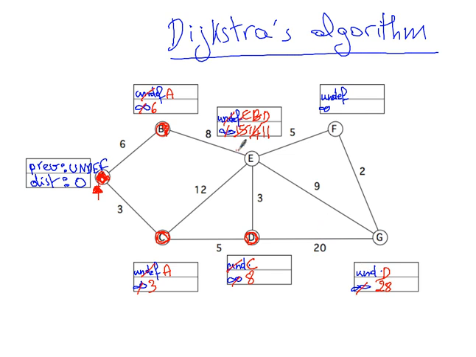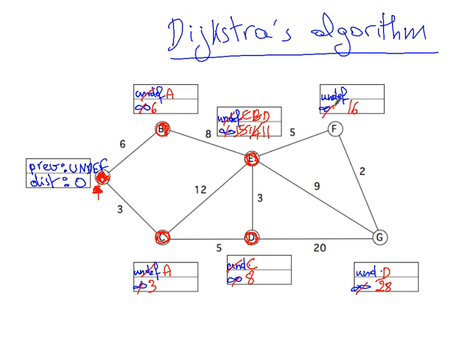Okay, of the remaining unprocessed nodes, E is the one with the smallest distance. Let's process E. So its neighbors are F and G. Let's see, to get to F, the cost of getting to F will be 11 plus 5, which is 16.